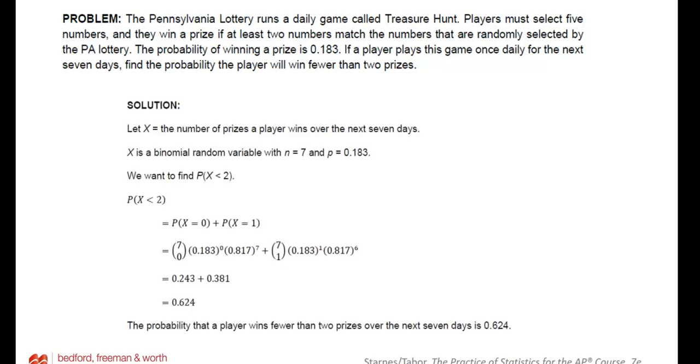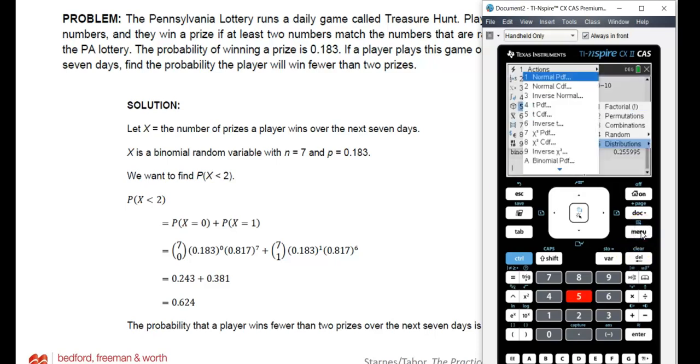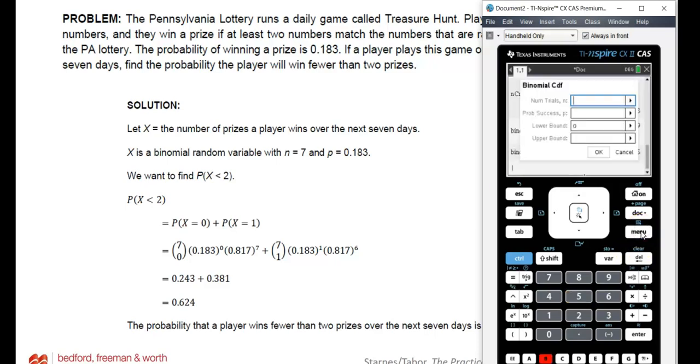If a player plays this game once daily for the next 7 days, what is the probability they will win fewer than 2 prizes? So fewer than 2 means 1 or 0. So you're plugging in X as 1 or 0, doing it twice, and you would add up those. The other option would be to get out the calculator and go menu 5, 5, and then B is CDF.